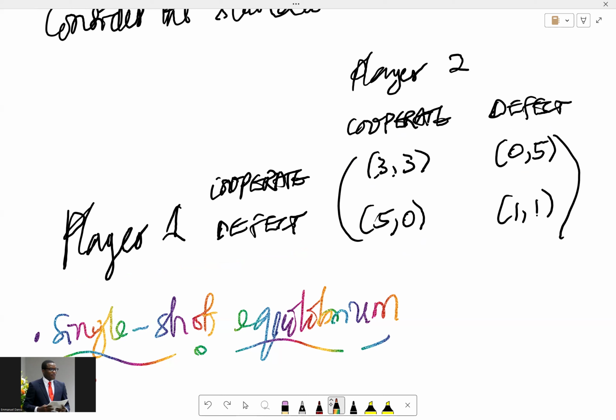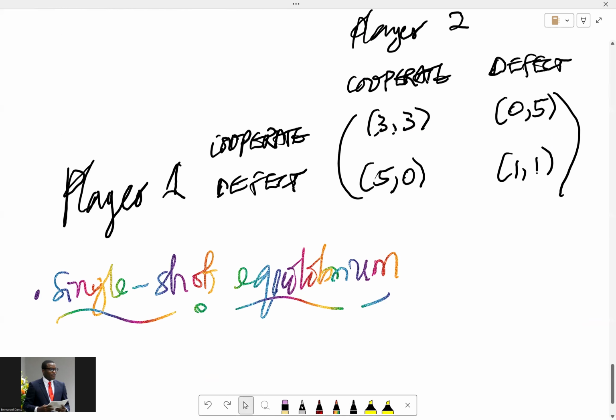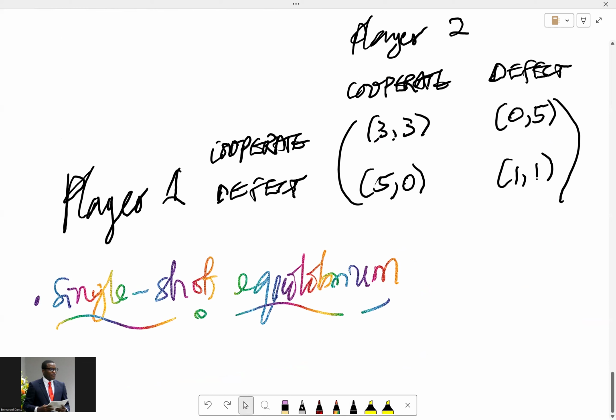This is the best option for player one if they cooperate. If player one defects, whatever happens, then this would be the best option, because here we have five and we have one. So five is bigger, and player one would rather choose this.